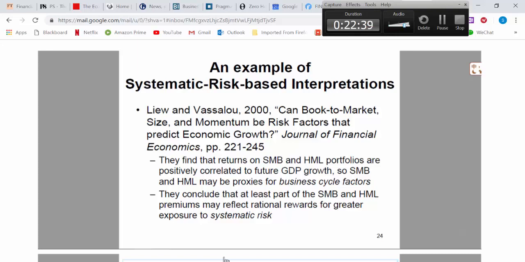Now, one interpretation is asking the question: is that really the case? If small companies really do outperform large ones, then they should do it all the time, whether it's a good market or bad market.